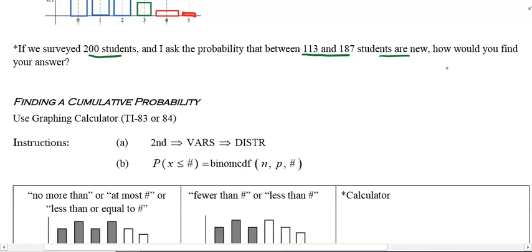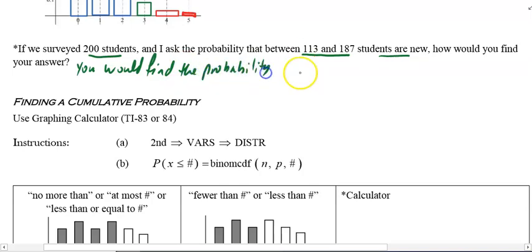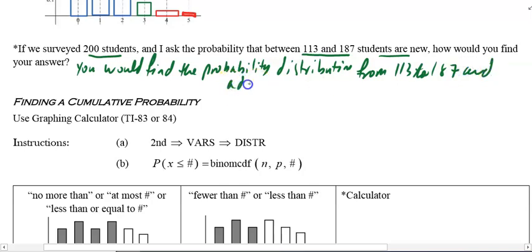So it's going to be a lot of work. You would find the probability distribution from 113 to 187 and add them up.